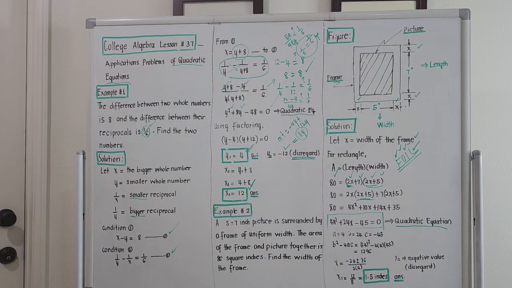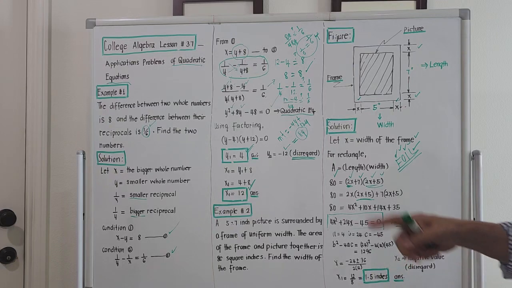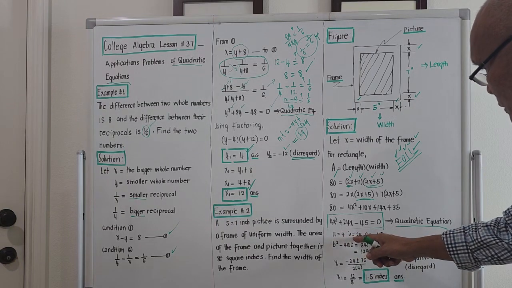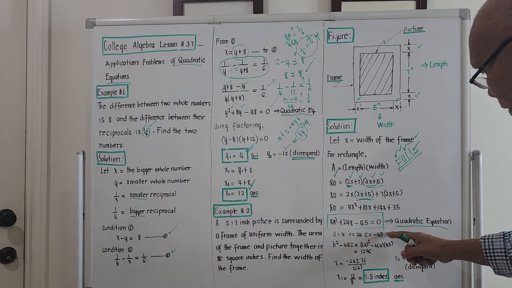I think this is not factorable by inspection. So we'll try to use the so-called discriminant, b squared minus 4ac. The value of a is 4, the value of b is 24, and the value of c is negative 45.